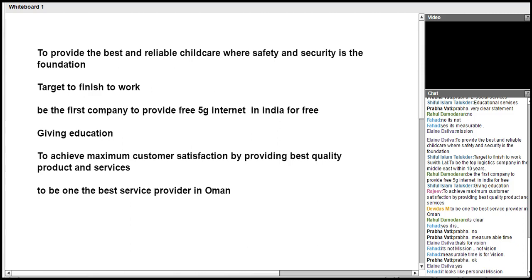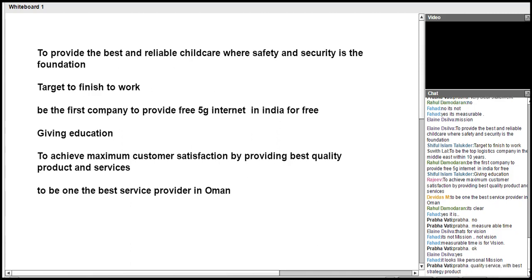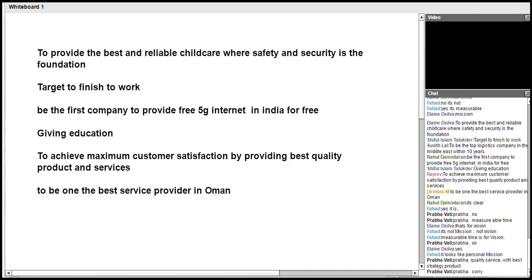This other one says, be the first company to provide free 5G internet in India for free. Again, this is not really a clear mission. Of course, your mission is to provide free 5G internet service. That's the mission, providing internet service to the clients.